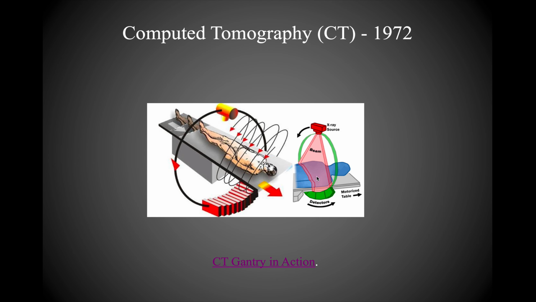The beam passes through the patient and is picked up by the detectors on the other side. As the X-ray beam and detectors rotate around the patient 360 degrees, the table that the patient is lying on moves through the CT scanner. As a result, you get slices created throughout the entire length of the patient's body.